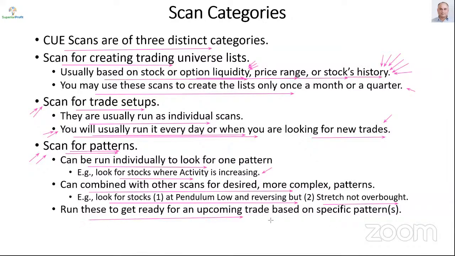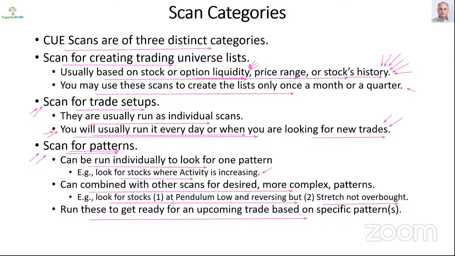Run this to get ready for an upcoming trade based on specific patterns. Usually, traders will look for patterns, get ready, but actually execute the trade only using the Q trade setups. That is using the standard daily weekly interval.